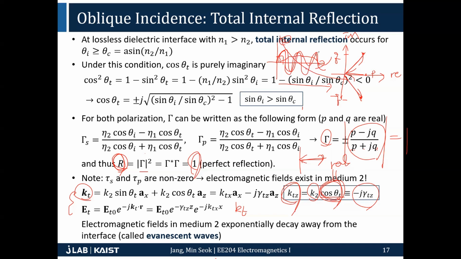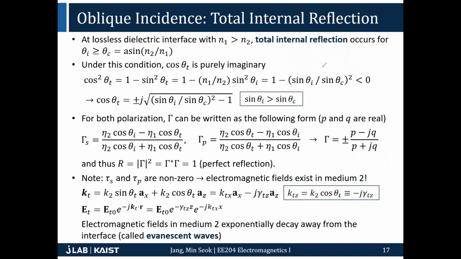But here, in this case, the electric field is exponentially decaying as it moves away, and this exponentially decaying wave is called an evanescent wave. Okay.